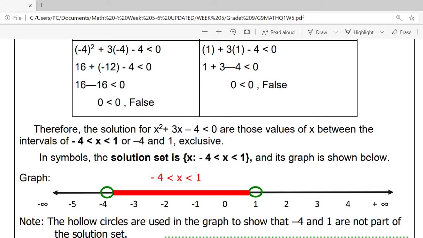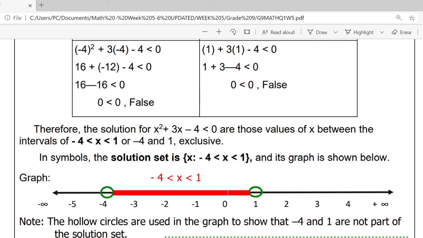So if we're going to graph it, negative 4 is hollowed. This should not be shaded because it is not included in the solution. This is also not included because we solved that and it is false. So it should not be shaded. The only solutions are in between them.